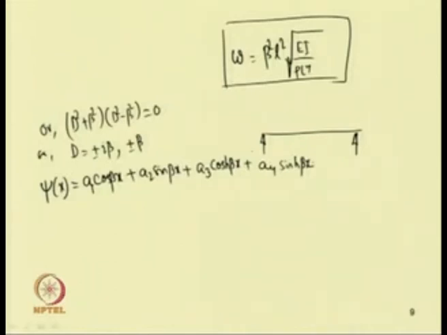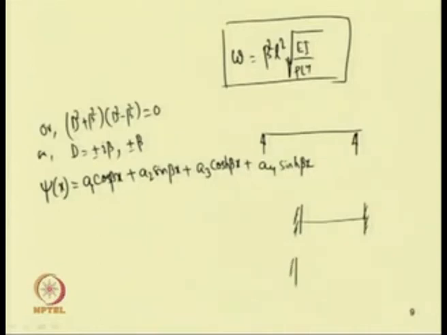For example, in case of the simply supported case, the boundary conditions are, at x equal to 0, psi x will be equal to 0, and the bending moment also will be equal to 0. In case of the fixed boundary condition, the slope and displacement will be 0 for both the ends.